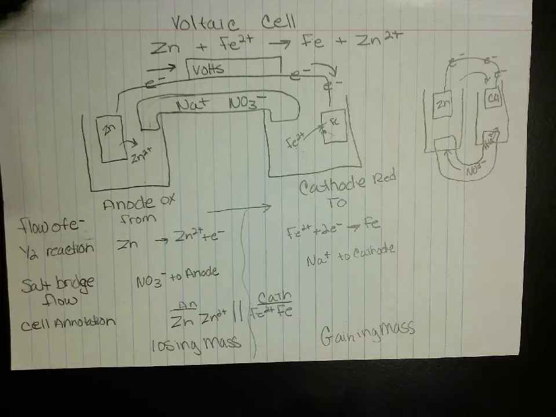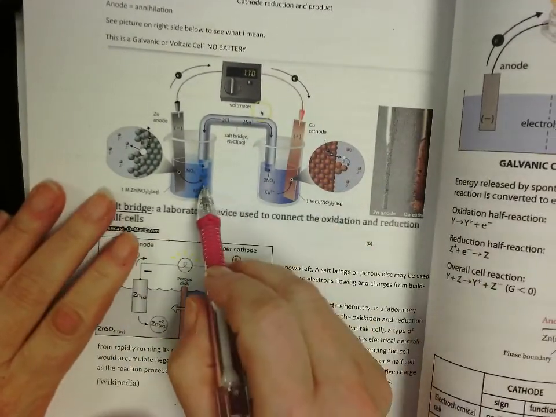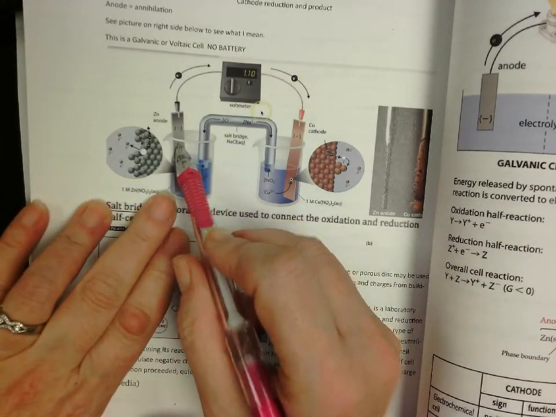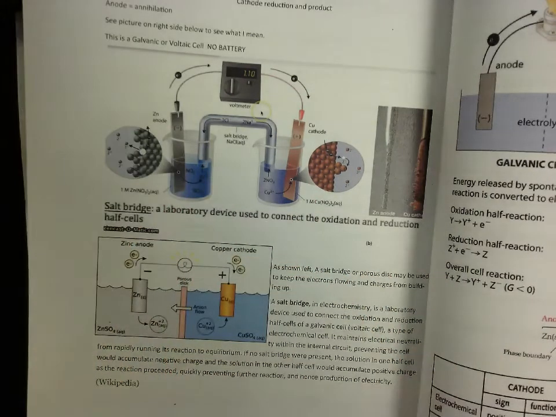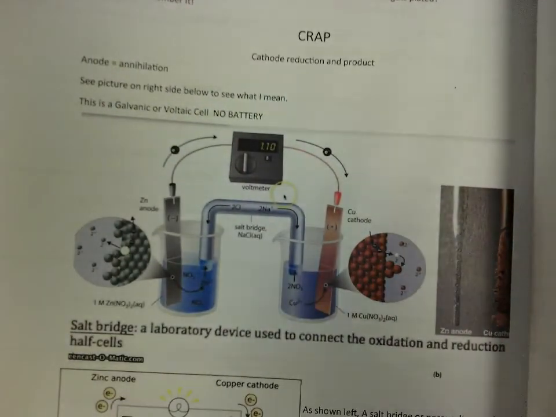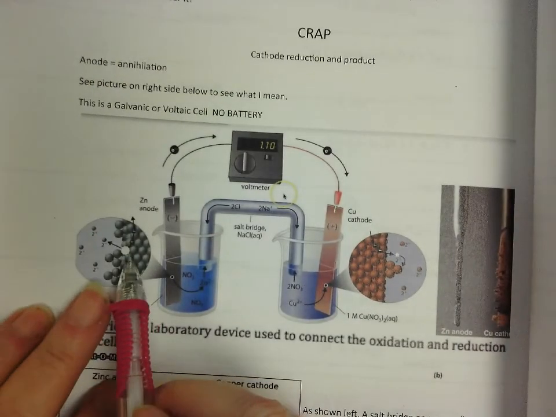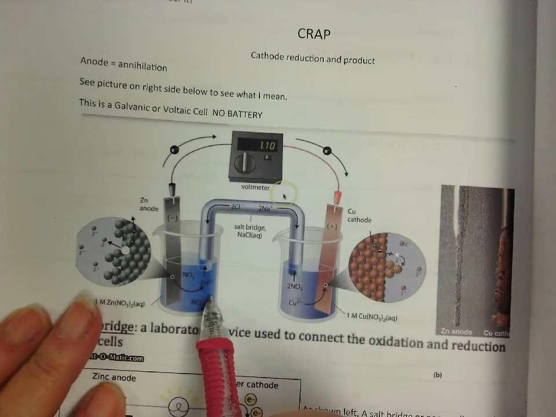So in your book, they show you a lovely little picture, which I want to go over. This goes over all my notes. We have our zinc anode right here, and this is a copper cathode, and they show you a very close-up view of the zinc coming off into solution, and here's my zinc coming off into solution.